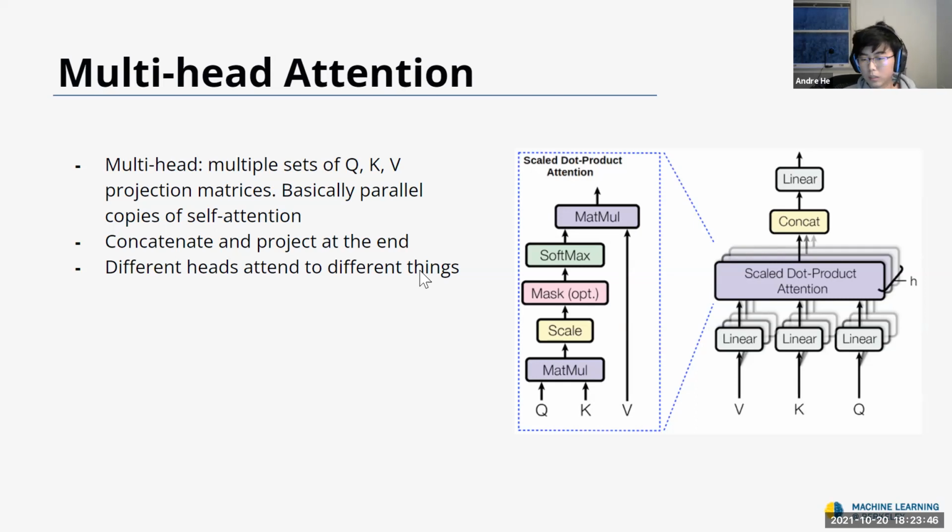That just increases the expressivity of the model. In the end, you'll take the outputs from each head, concatenate them, and then project down back to the original size, right? Because when you concatenate the vectors, it gets longer, but you still want the same sized vectors for each token. So you just use a matrix to project down.